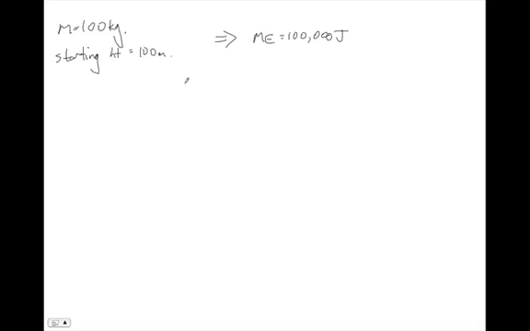So if, for example, I wanted to find the velocity at a height of 60 meters, so let's say I'm thinking of making my vertical loop 60 meters, then the total mechanical energy is equal to the kinetic plus potential.